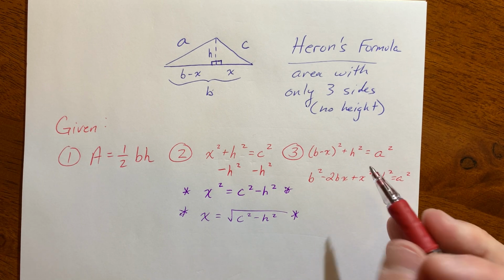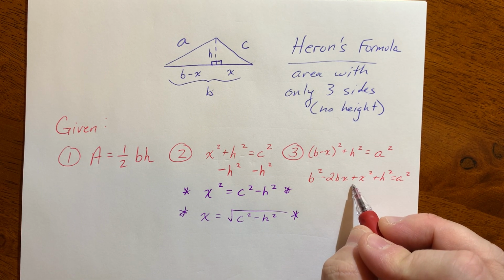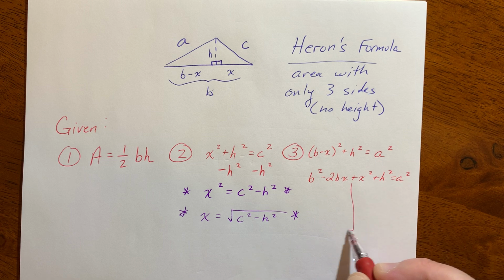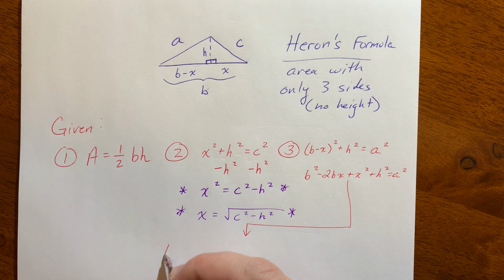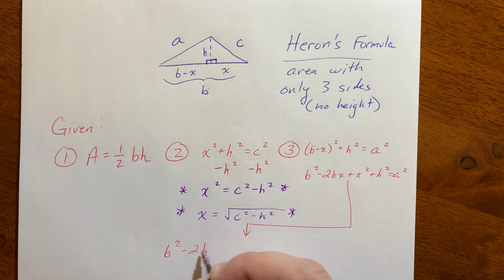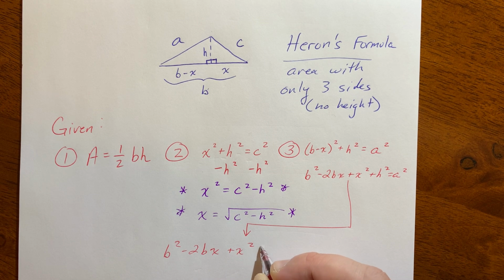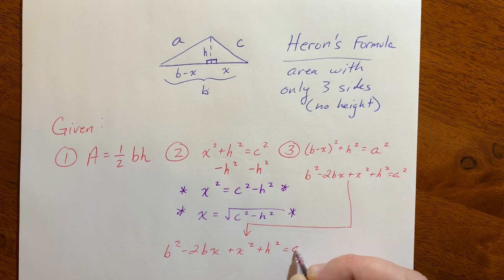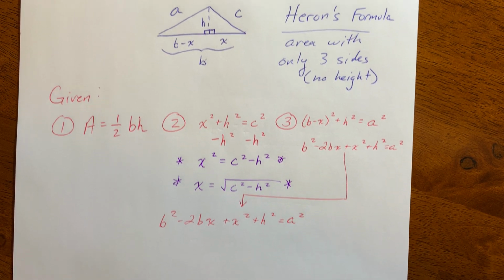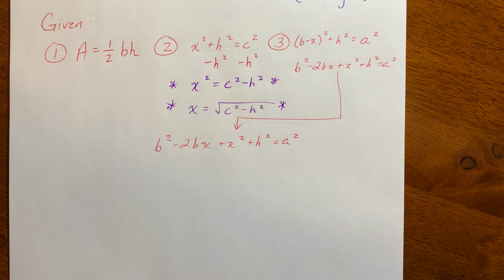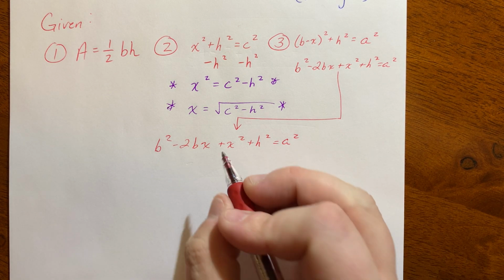If we keep going with this, what we're going to be allowed to do is move things around, and since we know what x squared and x are equal to, we're going to go ahead and substitute in for them. Because I know how this is supposed to work out, I'm going to get a little bit ahead of myself just to make it look nicer for you on the page.